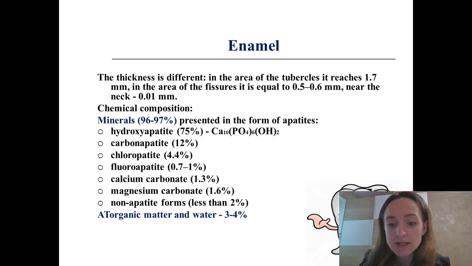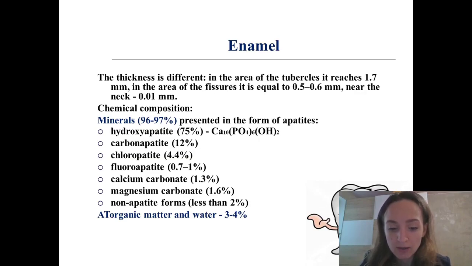And it is securely attached to the dentin by the dentino-enamel junction. It is thicker at the incisal and occlusal areas of the crown and becomes progressively thinner until it terminates at the cementum enamel junction.